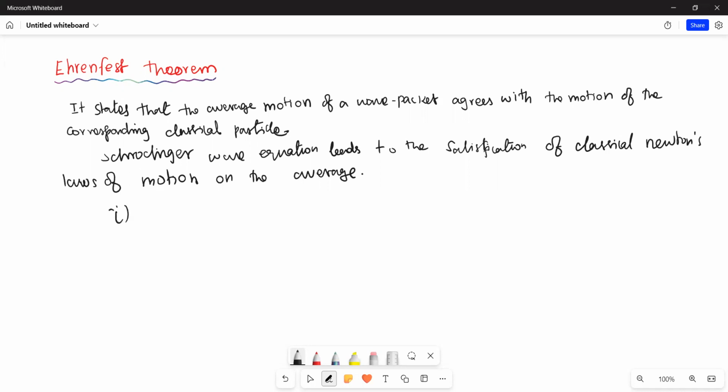The first one is d by dt of the expectation value of x, that is nothing but the expectation value of px by m. And the second one is d by dt of the expectation value of px, that is nothing but the expectation value of force.